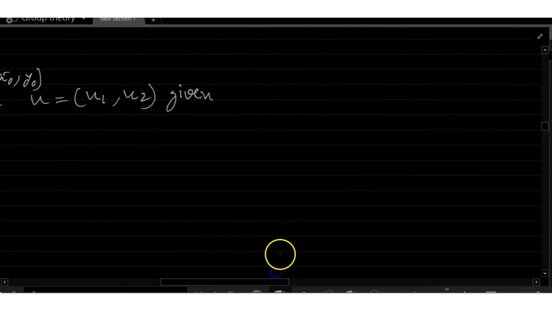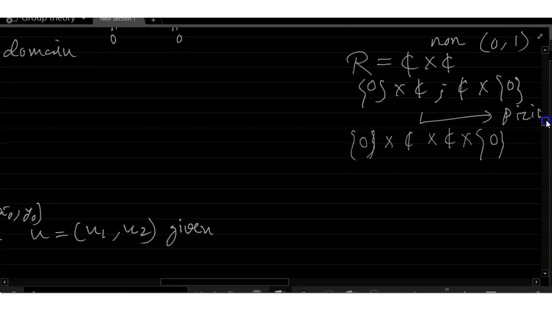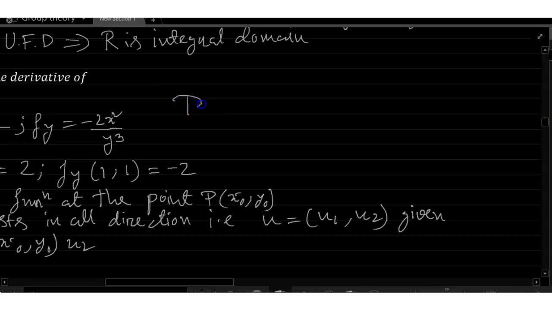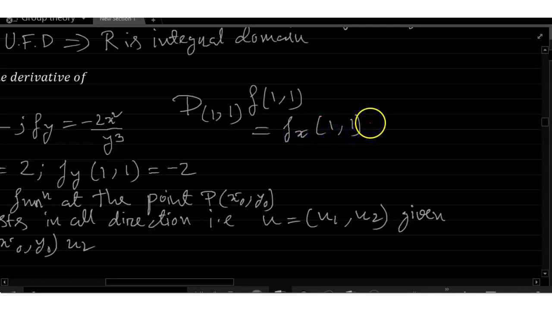Now the directional derivative of f at (1, 1) equals fx(1, 1) into 1 plus fy(1, 1) into 1.